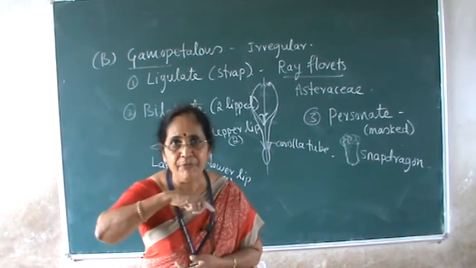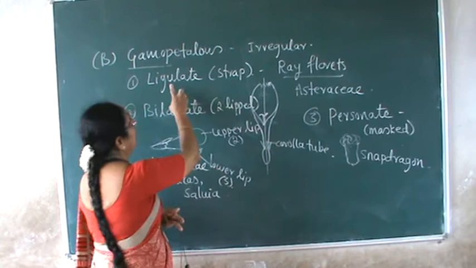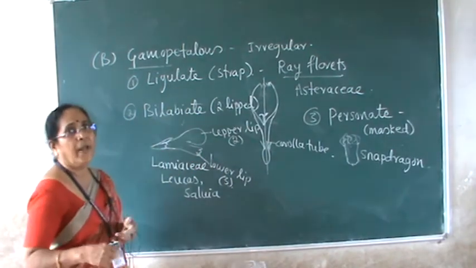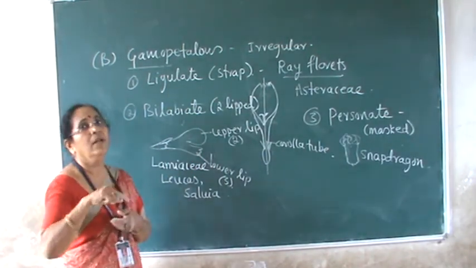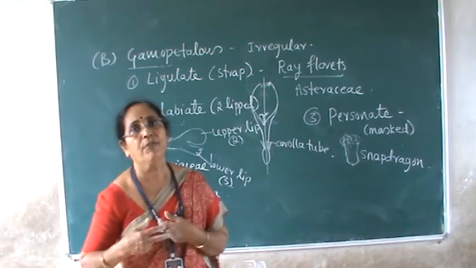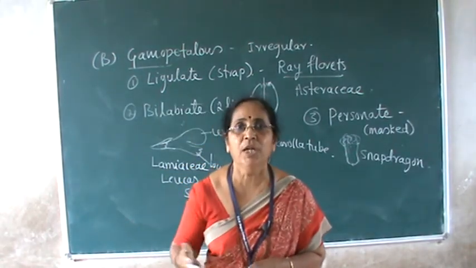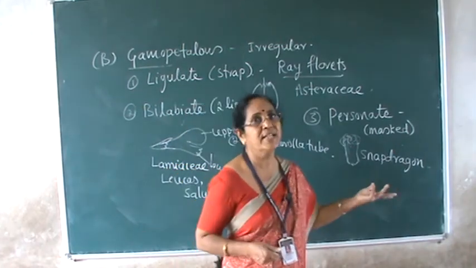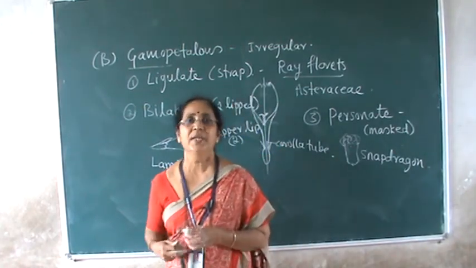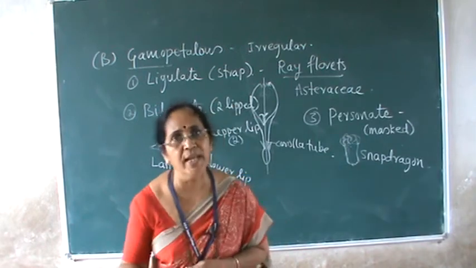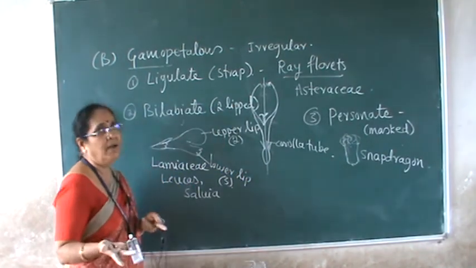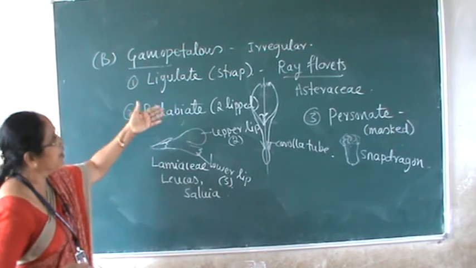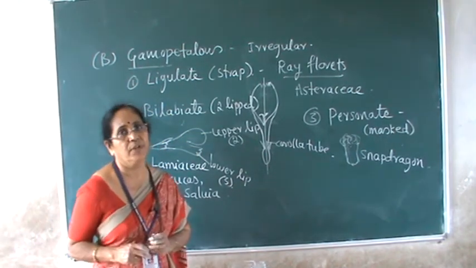Peripheral flowers are examples for ligulate or strap-shaped corolla, and the central flowers are examples for regular form, gamopetalous regular form, that is tubular shape of the corolla. Datura flower, if you are describing, you can describe it as funnel shape. Cucurbits have bell shape. Vinca rosea, hypocrateriform. Brinjal is wheel-like. So all these terms can be used to describe the shapes of the corolla.